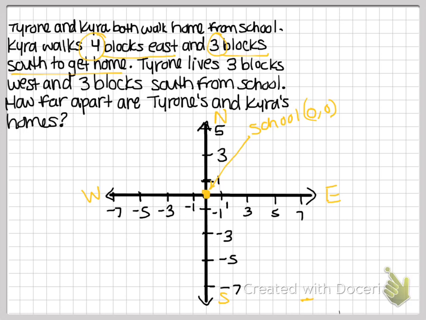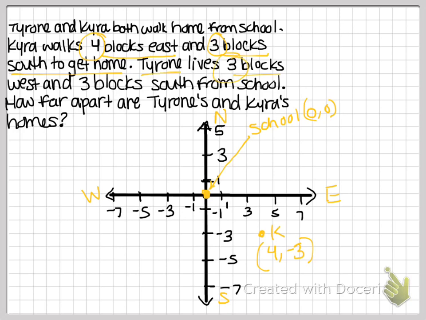So over 4 and down 3. So that's right here. So that is positive 4, negative 3. And I'll put a K for Kyra. Close enough.